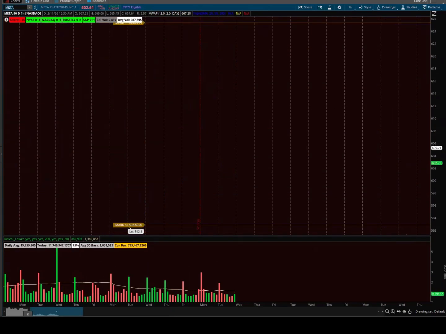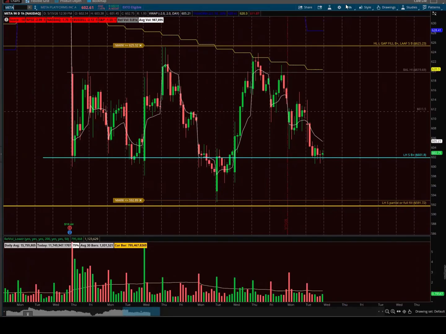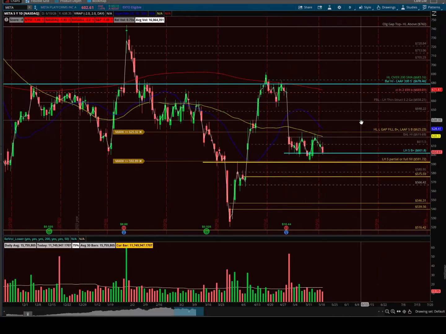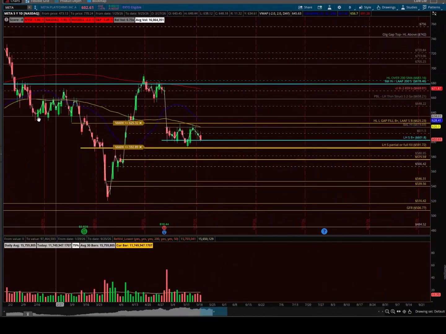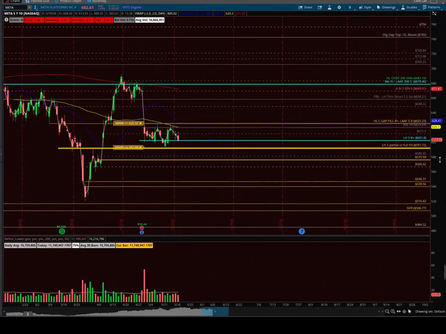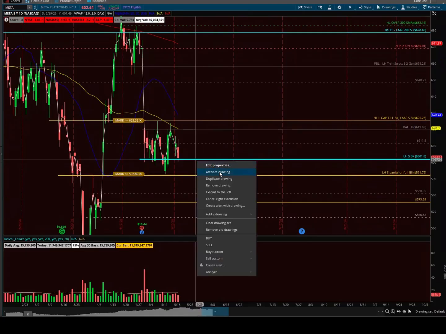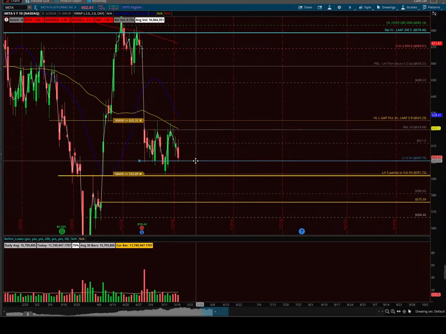Go over to Meta. Looks like Meta did rotate the entire bounce range, finished rotating the bounce range today. So, is that still what I would consider the bounce range? Or is it a little further down now, like here?